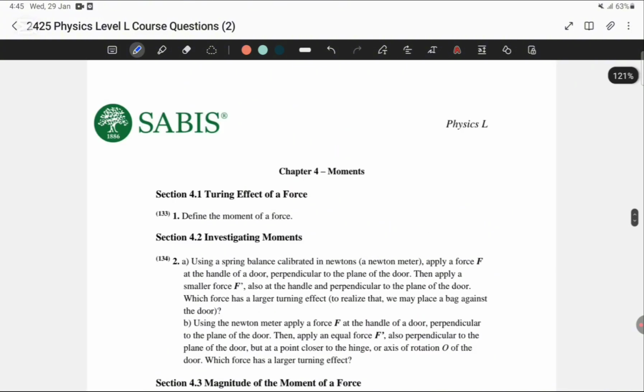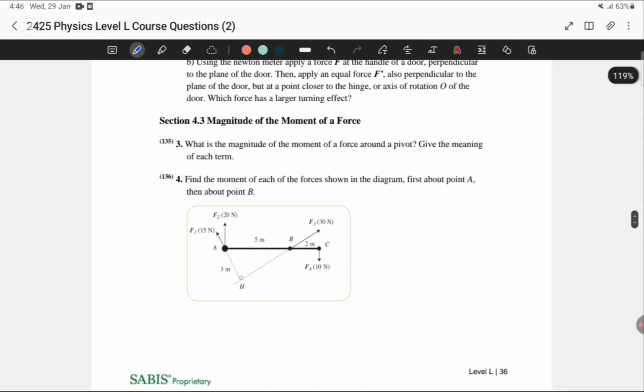The moment of a force, okay, is the quantitative measure of the turning effect of a force. Okay, they ask what is the magnitude of the moment of a force around the pivot.